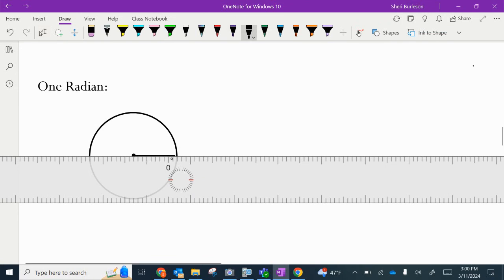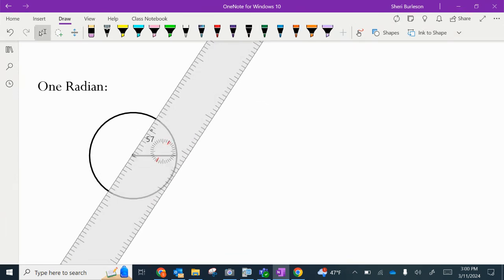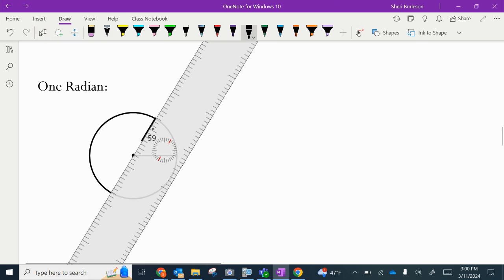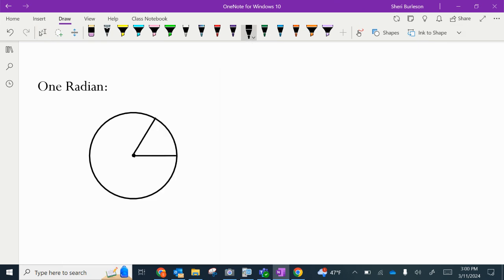So 1 radian, this is theta, this is R, this is S, right? 1 radian is the angle that marks off an arc that is equal in length to the radius.